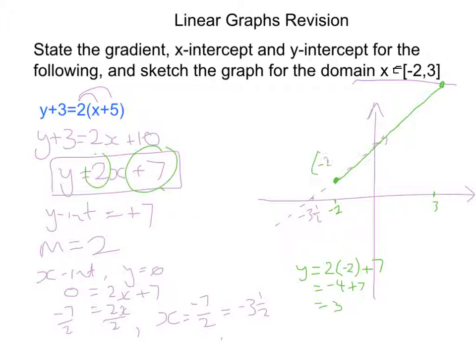So that's negative 2 and 3. And for the other end, where x is equal to 3, we've got y is equal to 2 by 3 plus 7. 6 plus 7 equals 13. So up here we'll have 3, 13. And we have our y-intercept of 0 and 7.